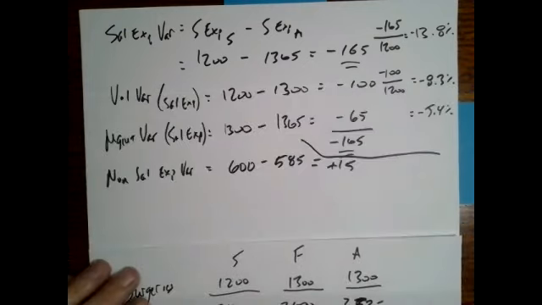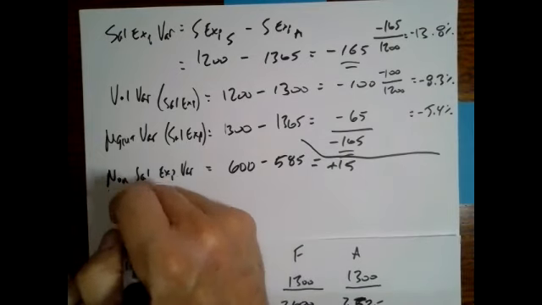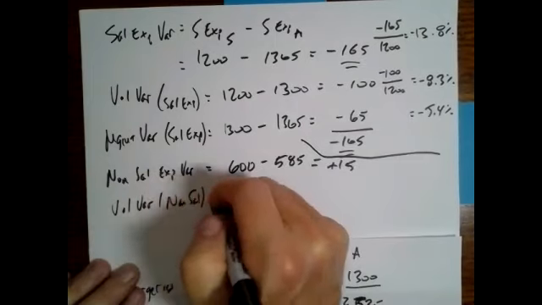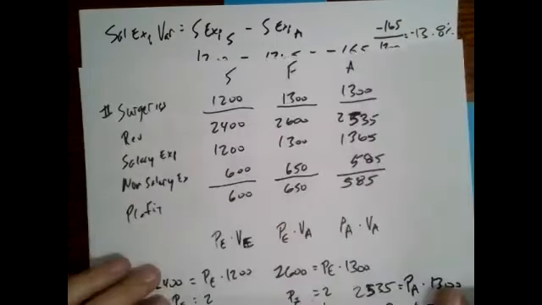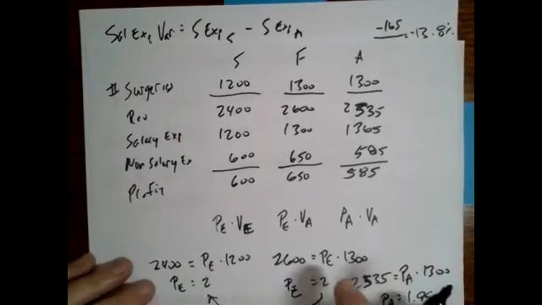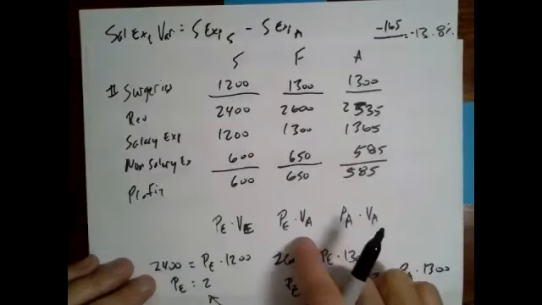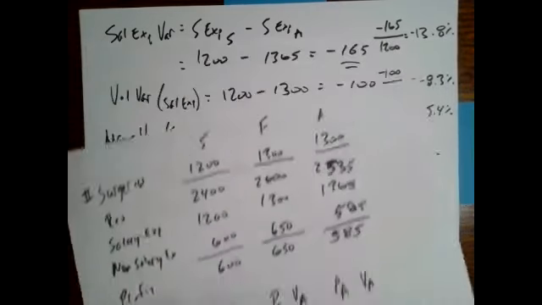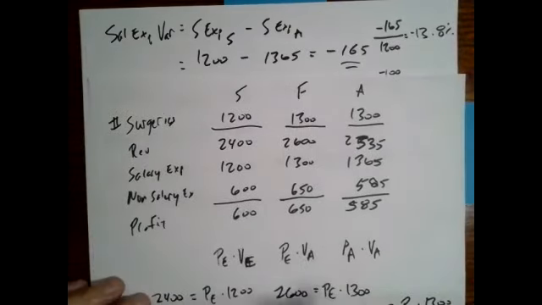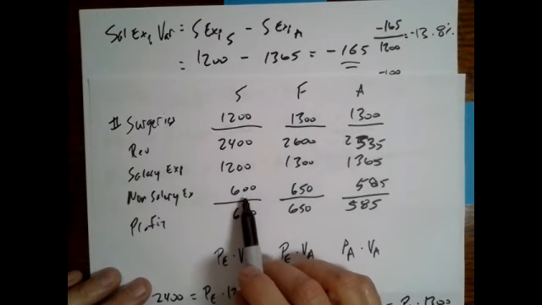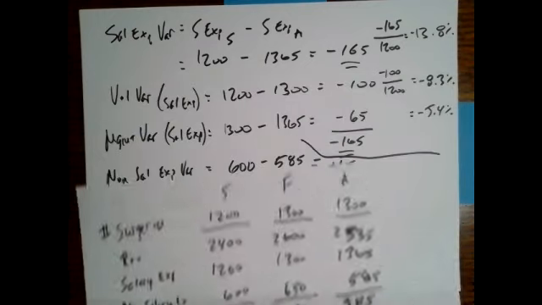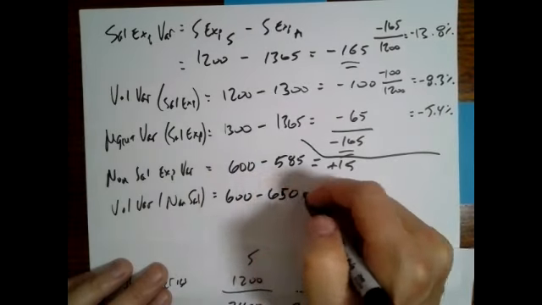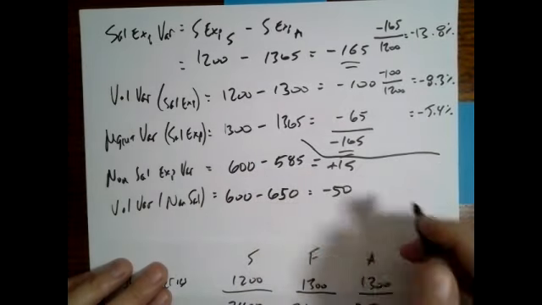So how does that decompose into volume variance for non-salary? Well, again, we're going to hold price constant and vary volume. So that is our static and our flex. So we want non-salary static 600 minus flex 650. That is minus 50.